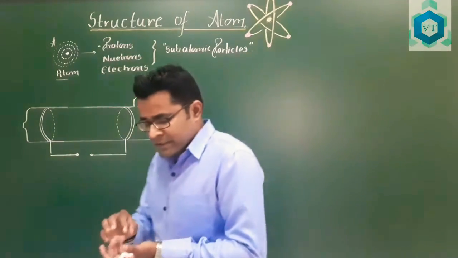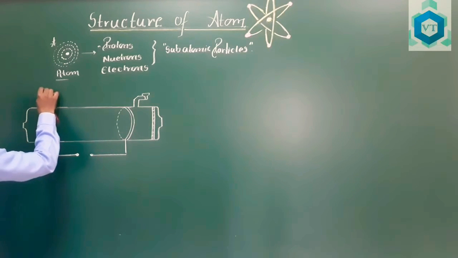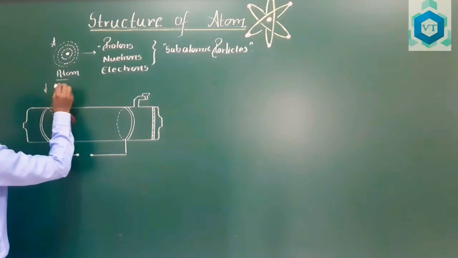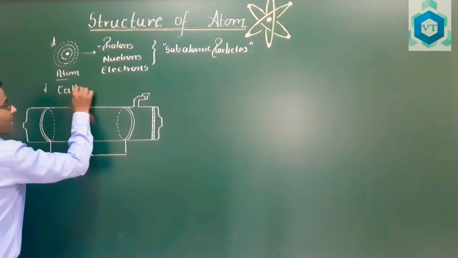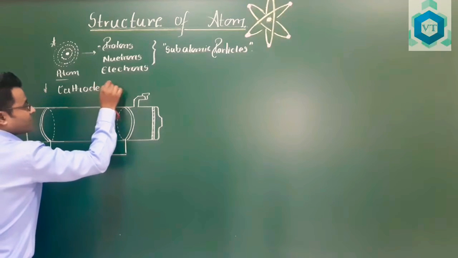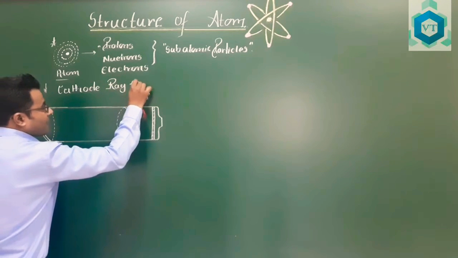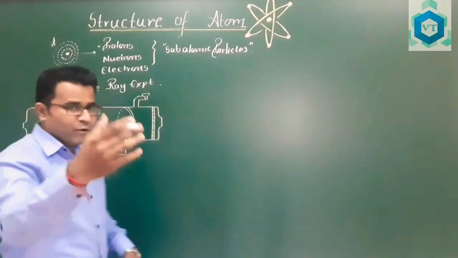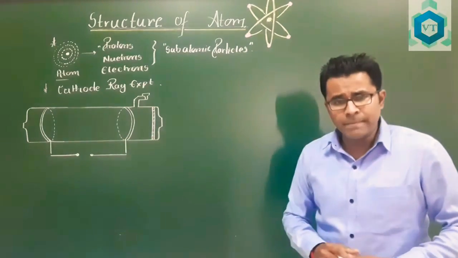Now, as we start, the first thing we'll be observing is the experiment which is called the cathode ray experiment. So I have already taken the liberty to draw this diagram here.